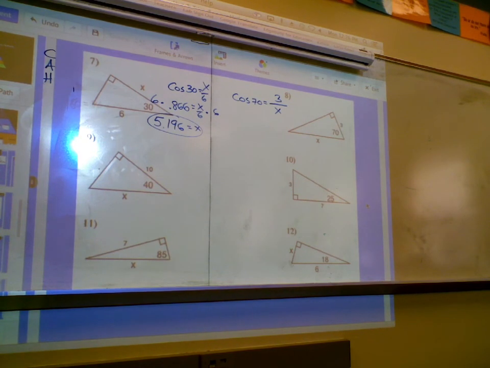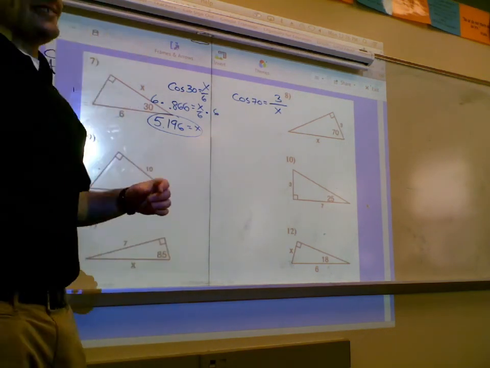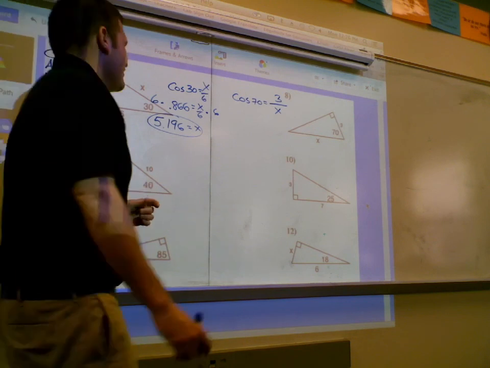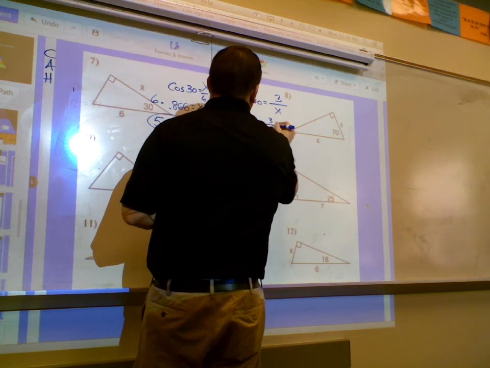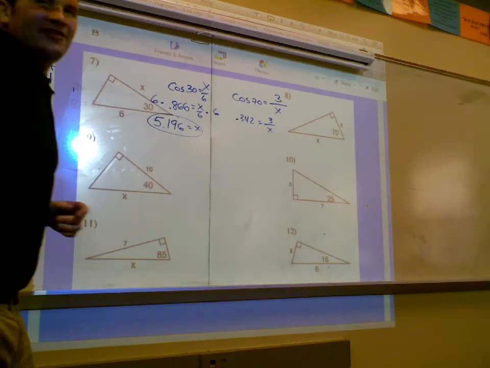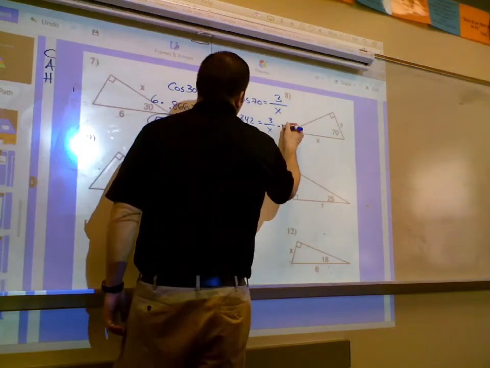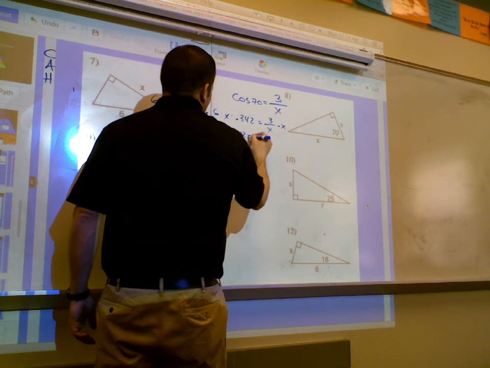You like puzzles? What's cosine 70? 0.342. Okay, China, what do I do now? Perfect. So 0.342x equals 3.